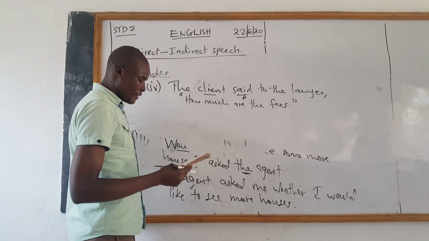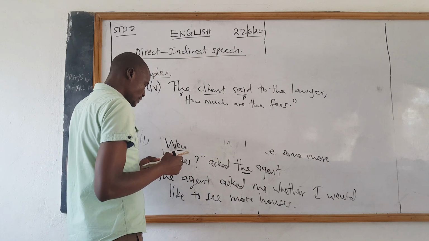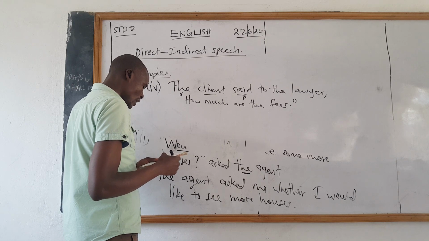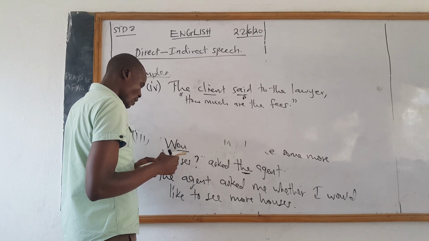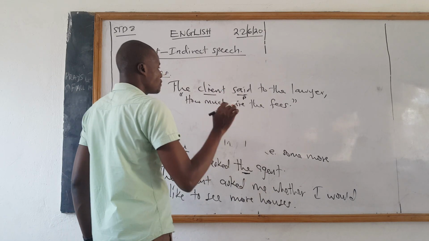The client asked the lawyer how much the fees were. How much the fees were. The client asked the lawyer how much the fees were. Don't say "are", because we are reporting.